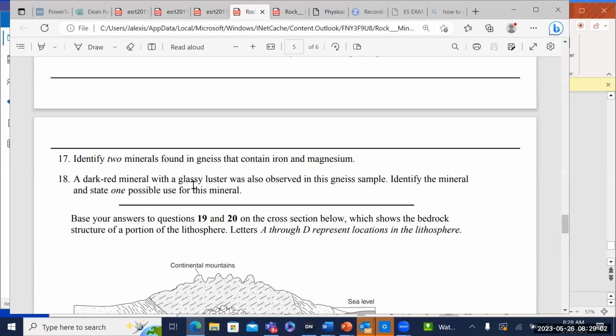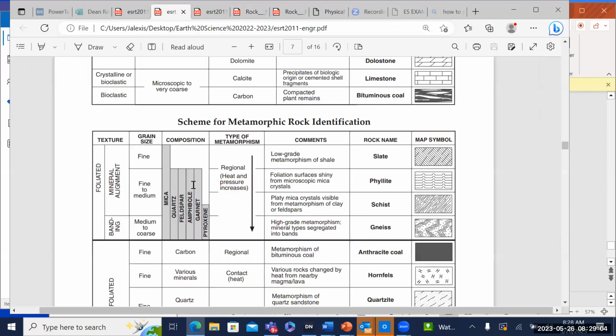Out of the 6 minerals that gneiss has, once again, gneiss has mica, quartz, feldspar, amphibole, garnet, and pyroxene.